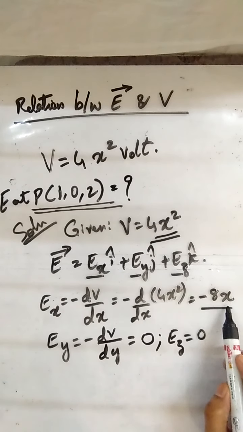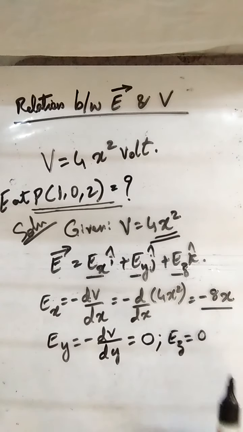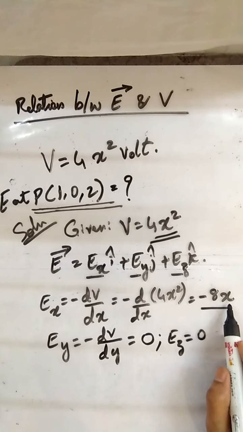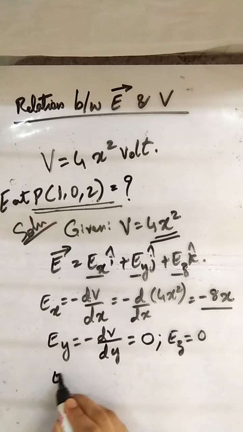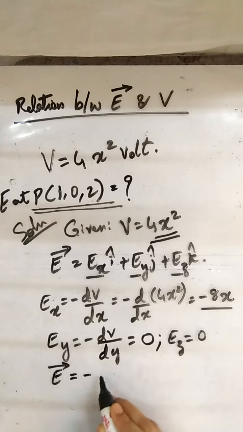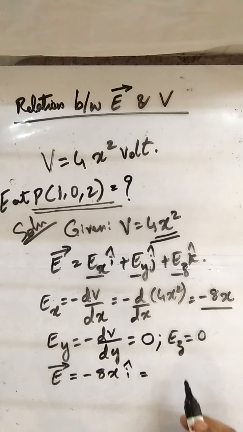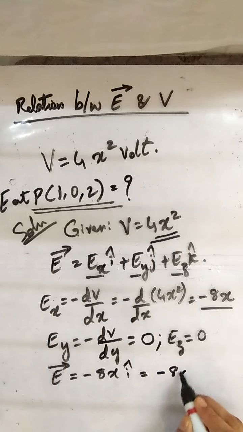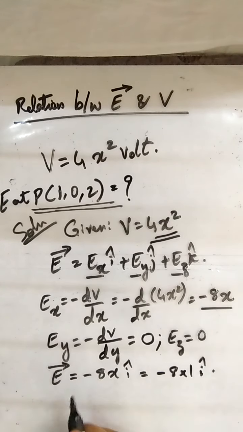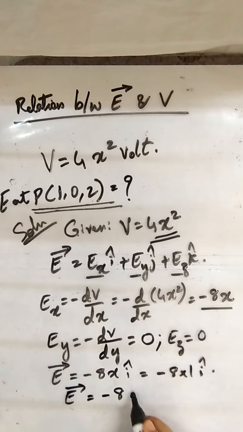So wherever there is x, you have to substitute 1. Wherever there is y, substitute 0. Wherever it is z, substitute 2. Since there are no y and z terms here, you substitute only for x. So E finally is minus 8 into 1 into i cap, that is, E is minus 8 i cap volt per meter.